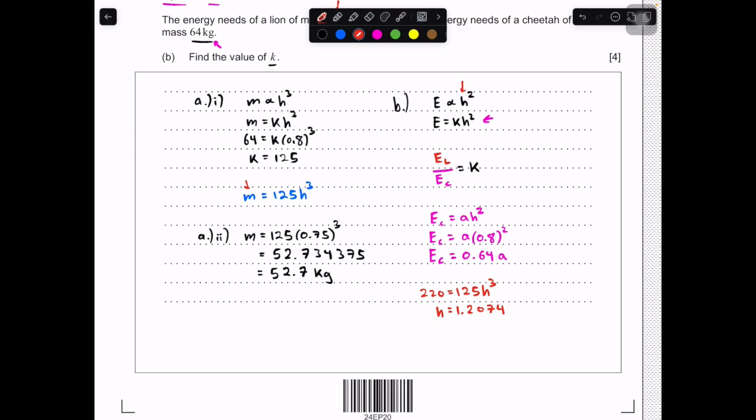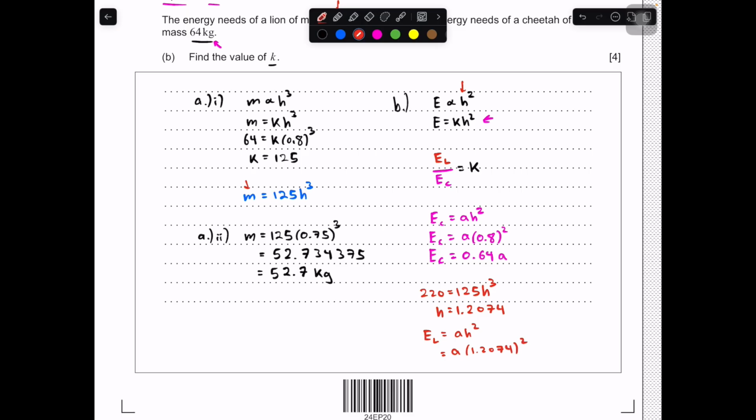Let's find the energy needs of this line now. Energy needs of the line are equal to kh squared, or, oops, sorry, I know we used a here, so let's use a here as well. It's equal to a, and then the height of the line, 1.2074 squared.